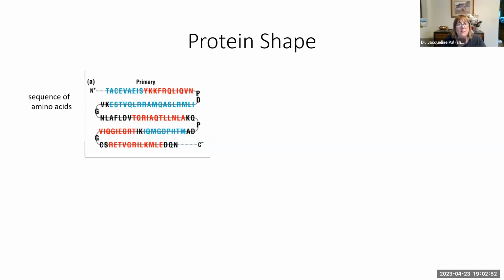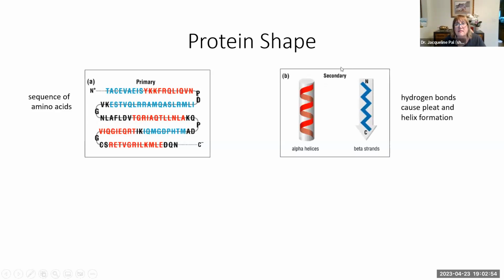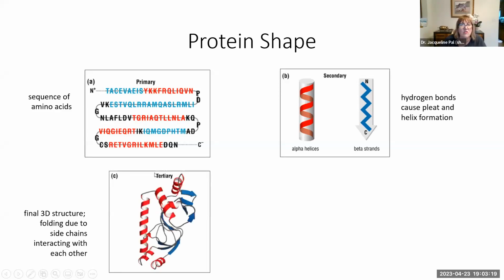So from this primary shape, we are going to form a secondary shape. And this one is going to be forming hydrogen bonds, these weak bonds. And these hydrogen bonds are either going to form pleats, these beta things, or they're going to form this curvature, which is called an alpha helix. And so then after this secondary shape, we are going to form this tertiary shape.